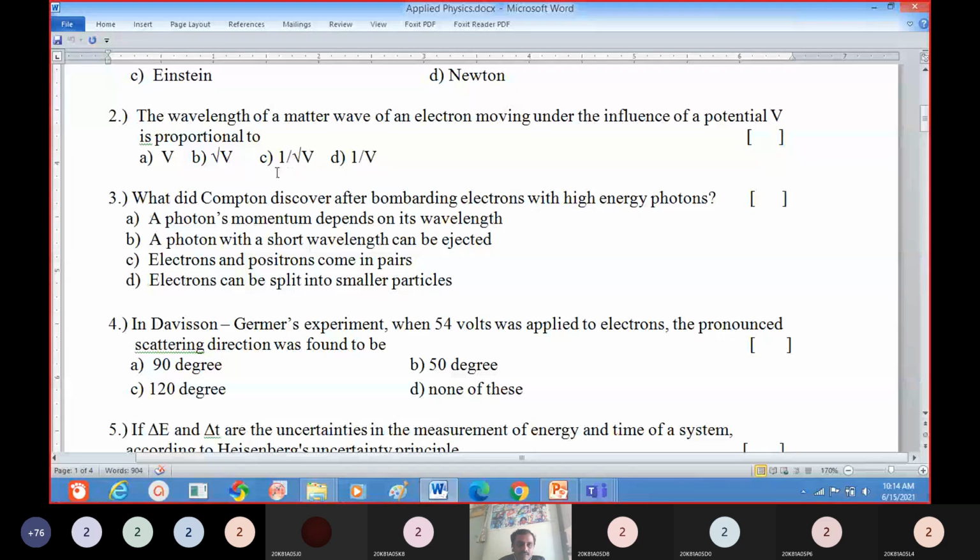So what did Compton discover after bombarding the electron with high energy photons? What happened here? Photons, electron, momentum, and positron comes. So option C you are saying.